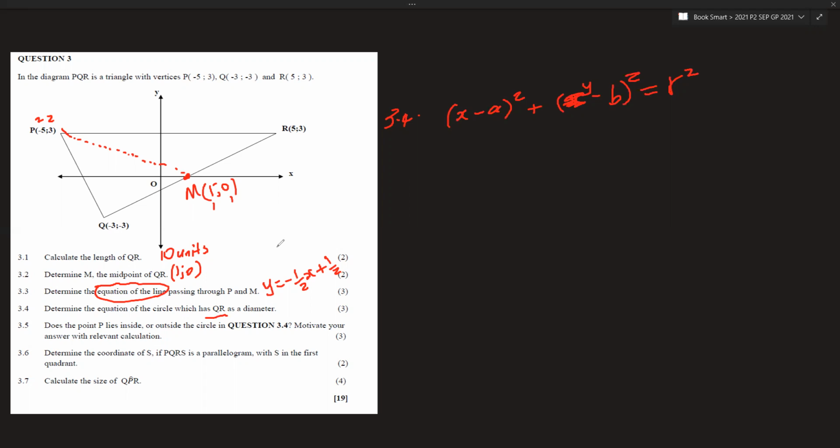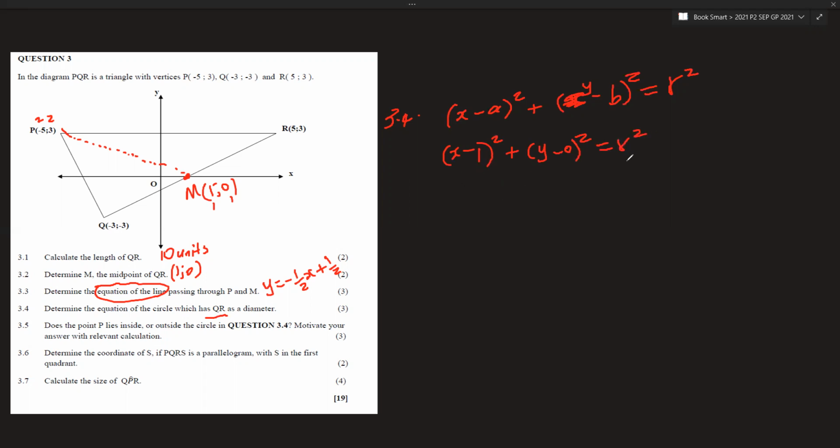A and B are on the center. So I'm just going to substitute there. So I have x minus what? A, which is 1, squared plus y minus 0 squared equals to r squared.